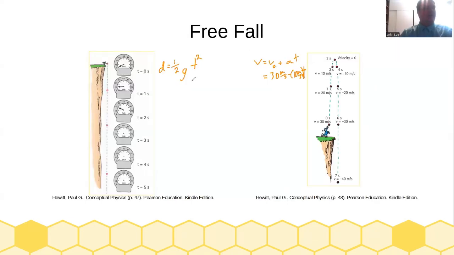And now let's follow some of the examples that are actually in the book. The first is looking at the distance that an object has fallen with no initial velocity versus time. This distance is going to be equal to 1/2 gt squared, which is equal to 1/2 times 10 meters per second squared times 1 second squared after the first second.